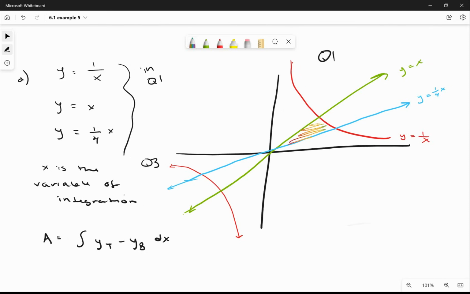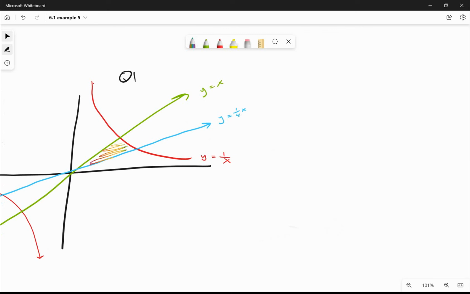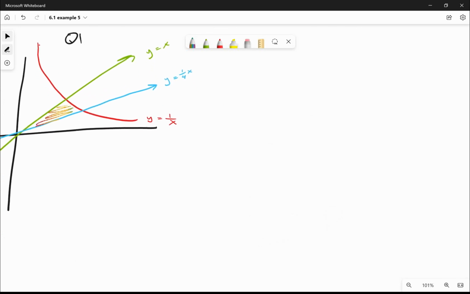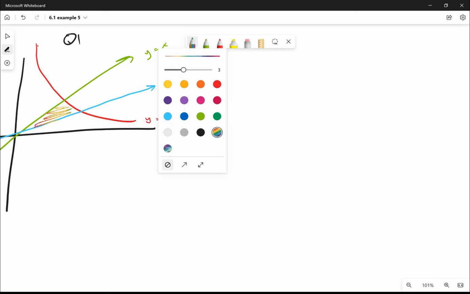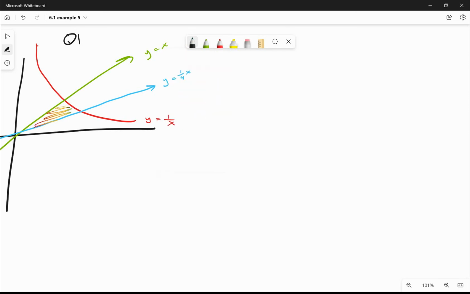So now we have this region that we want to find the area of, and we want to do this by forming an integral with respect to x. That corresponds to these vertical rectangles of width delta x and height yt minus yb.